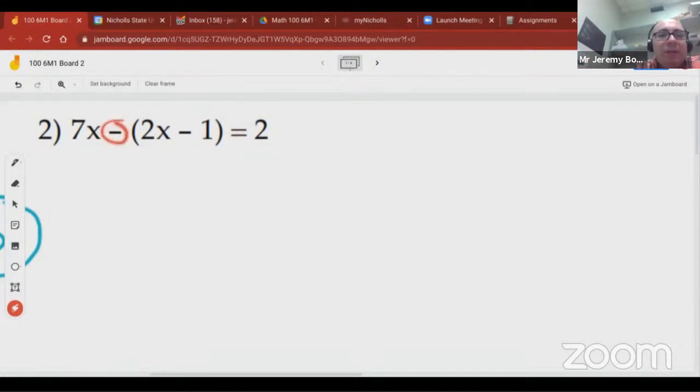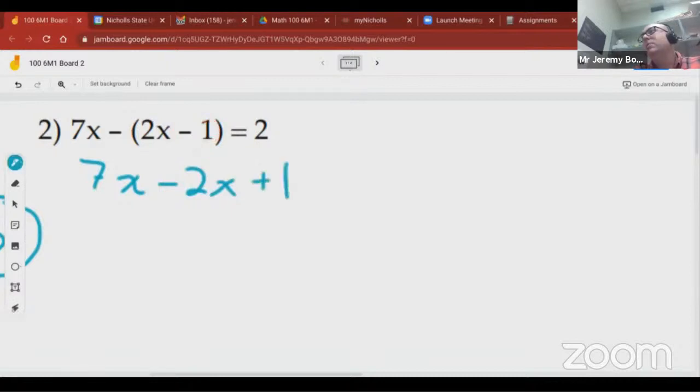But since it's minus this whole algebraic expression, that negative is going to distribute to that second algebraic expression. So it's going to be 7x, and it's going to be minus 2x, and it's going to be minus a negative 1, which is going to end up being plus 1. And that's equal to 2.